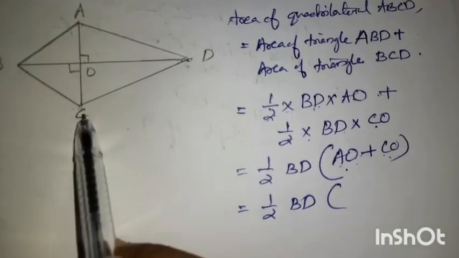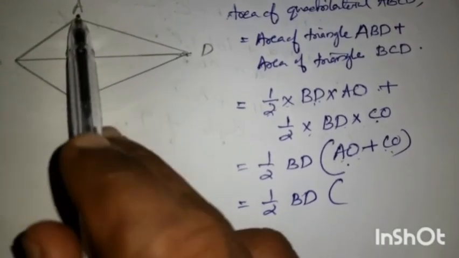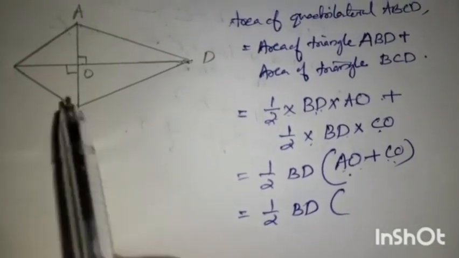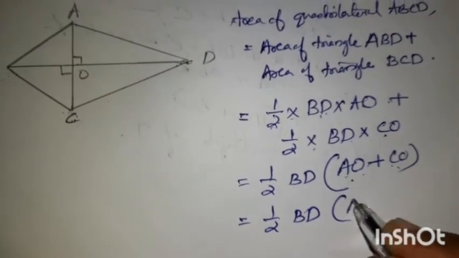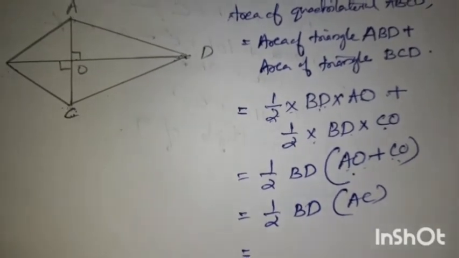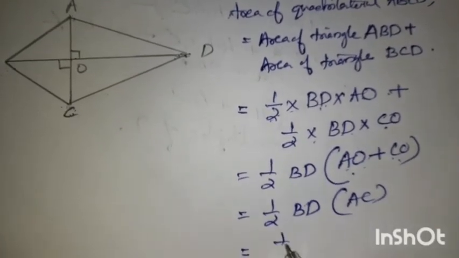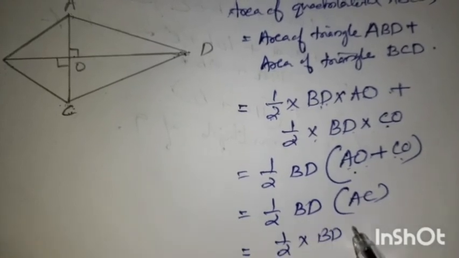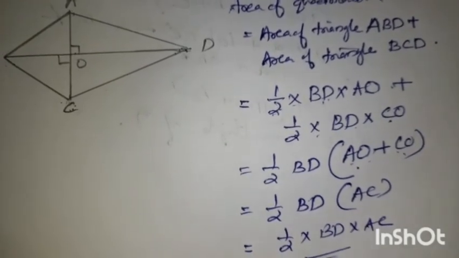AO plus OC is AC itself. That is the next diagonal. So you can write half into BD into AC.